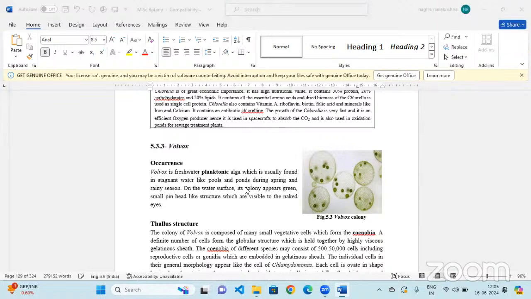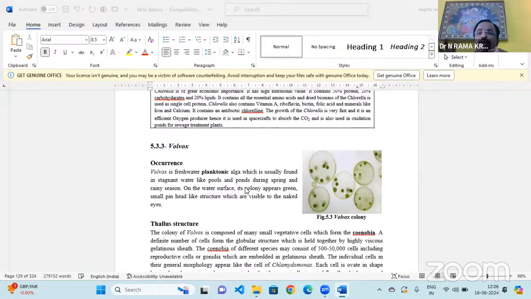How can we recognize the Chlorophyceae? The Chlorophyceae class is within the green algae, which contain different types of pigments.